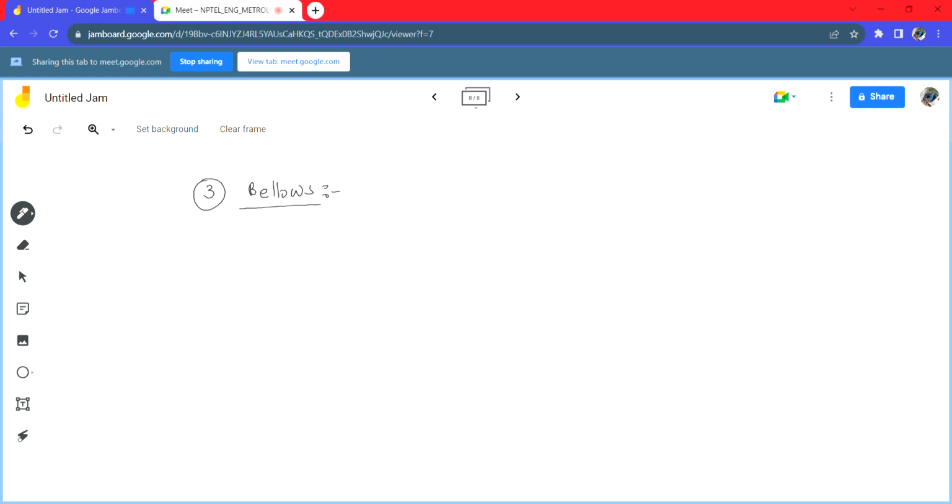Now again, the function will still be the same, that we have to apply the forces or the pressure, and correspondingly we have to measure the deflections in the tip or the deflection in the length to which the tip is bound. So let us see the structure of the bellows.